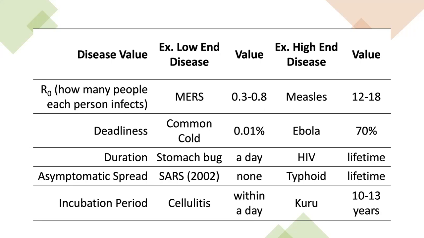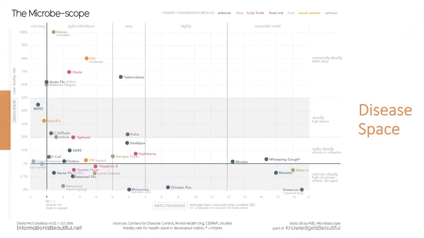There's diseases that take a very short while to develop into the full disease, and then there's diseases that take many, many, many years. Right, so there's this big range, and you can map out various aspects of these into, quote, disease spaces, right?